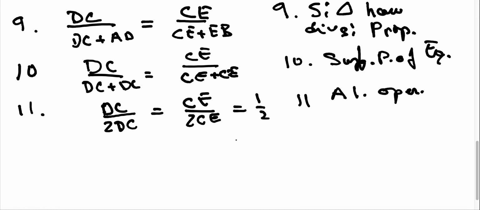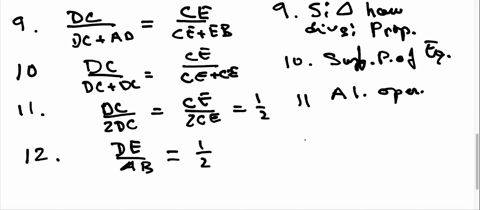And number 12, we would say DE over AB is equal with 1.5, because we already see the scaling factor of the similar triangles, small triangle and big triangle, is 1.5.